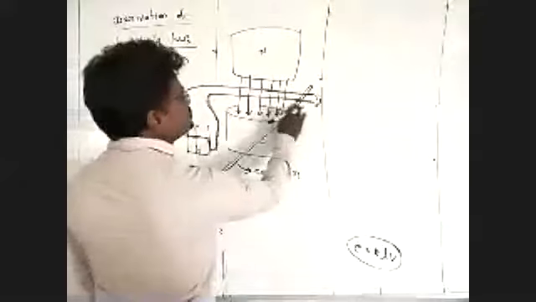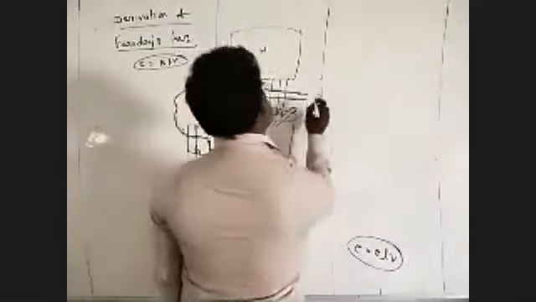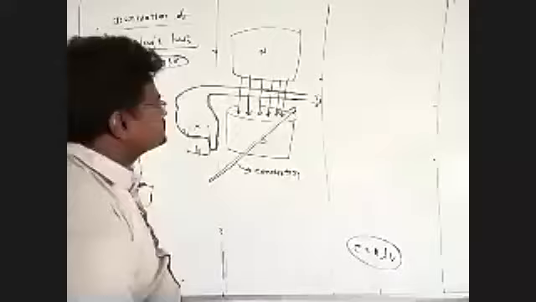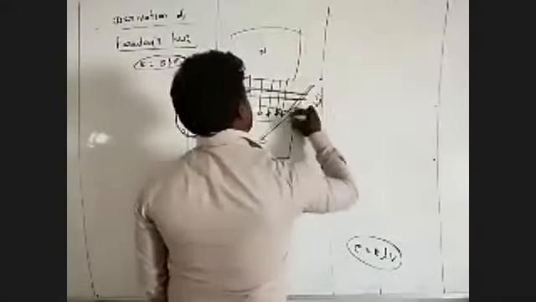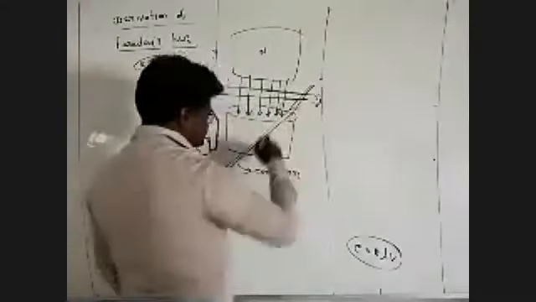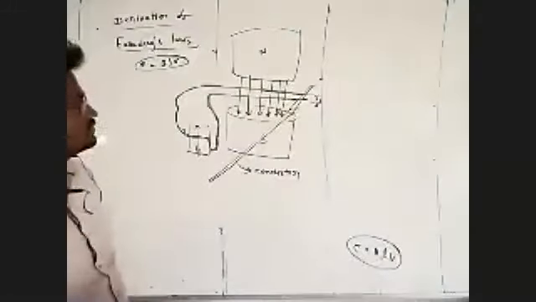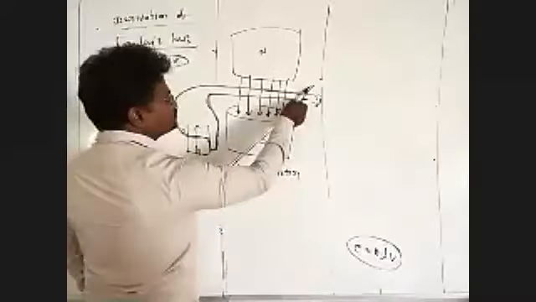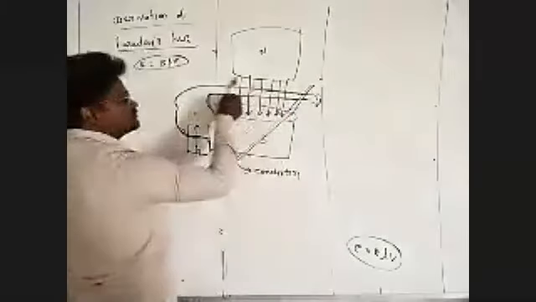Now you will see. What I'm doing here: first of all this is an open circuit. Now you will see this connector placed on the parallel conductors. This is a closed circuit. Now the connector moves in a leftward or rightward direction.